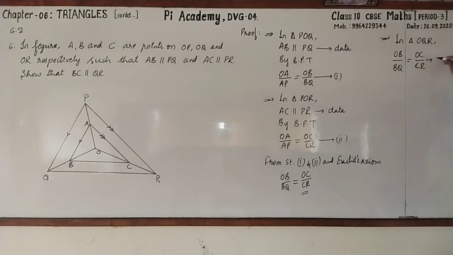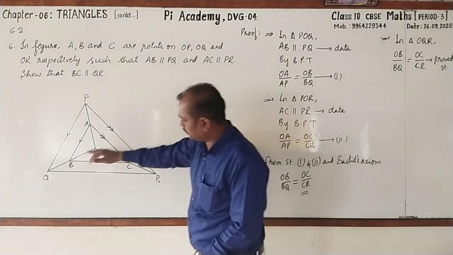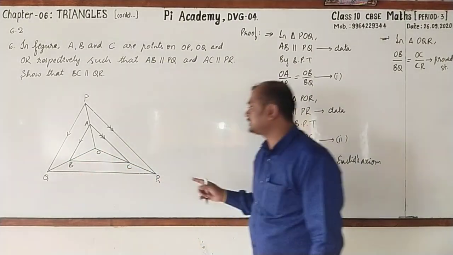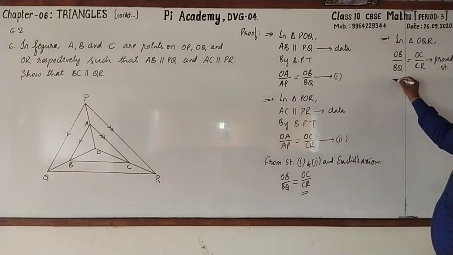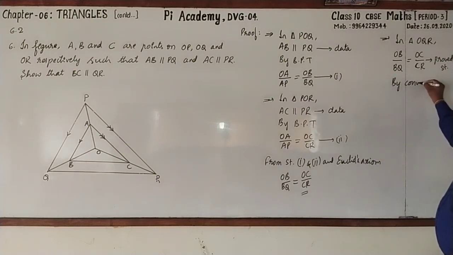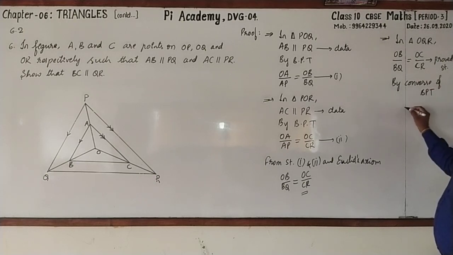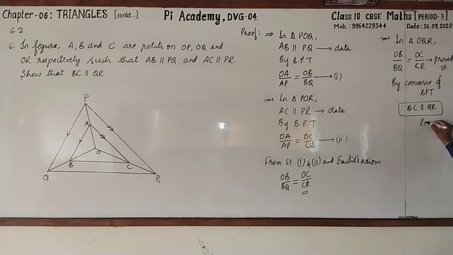Followed? It is from the proved statement. If these two ratios are equal, then we can write BC parallel to QR. How? By converse of BPT, we can write BC parallel to QR. Hence it is proved.